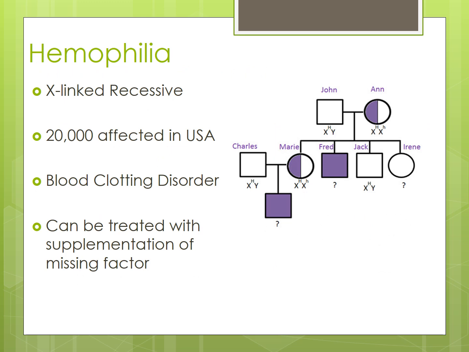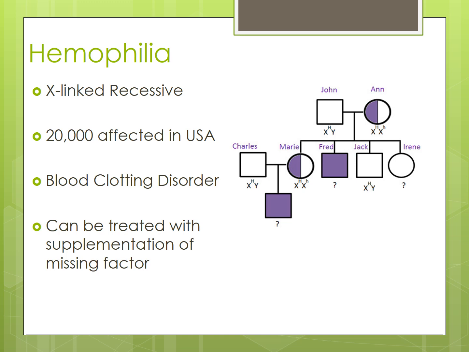So an example of an X-linked recessive gene is hemophilia. It affects 20,000 individuals within the United States, and it is a blood clotting disorder in that individuals with hemophilia have a very difficult time clotting blood if they are cut or if they proceed to bleed. The blood does not coagulate properly, and doesn't stop bleeding, so they continue to bleed.